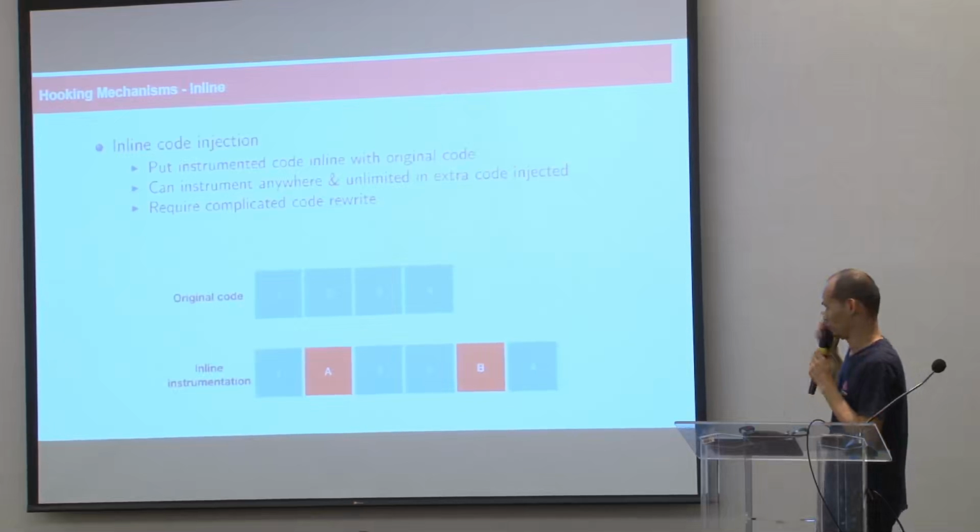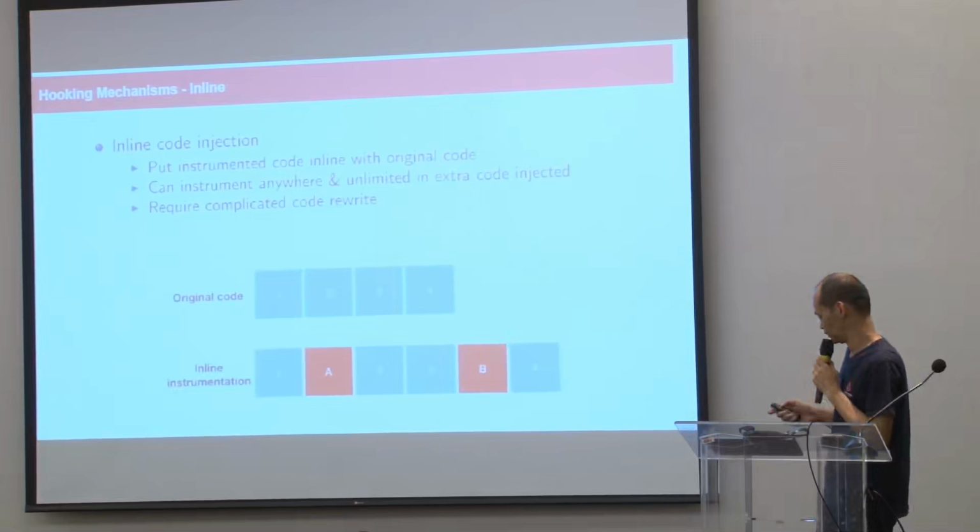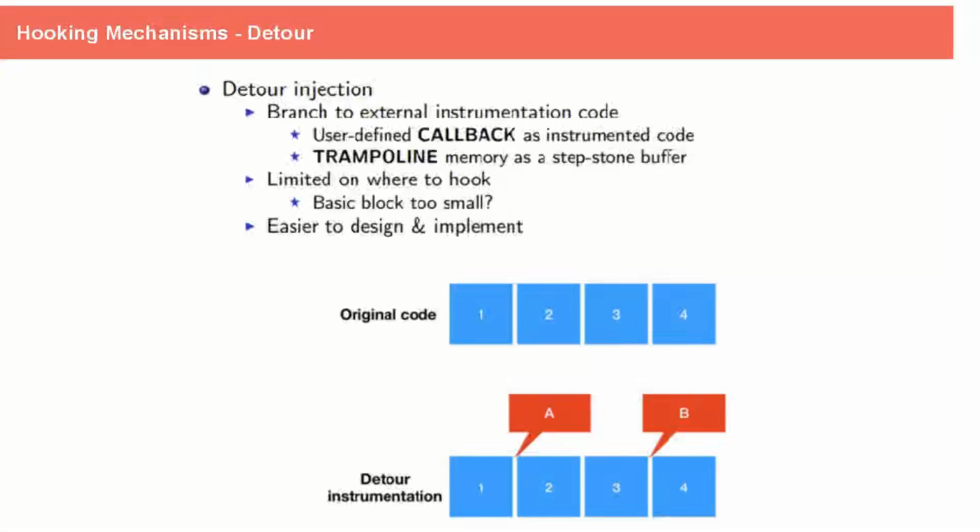So we decided that we do not go with this hooking mechanism. We look at another technique, which is called detour hooking. With this one, you can see that we do not directly put our code behind the place you want to instrument, but we put it in another place. And at the code you want to instrument, we just jump to our instrumentation code.